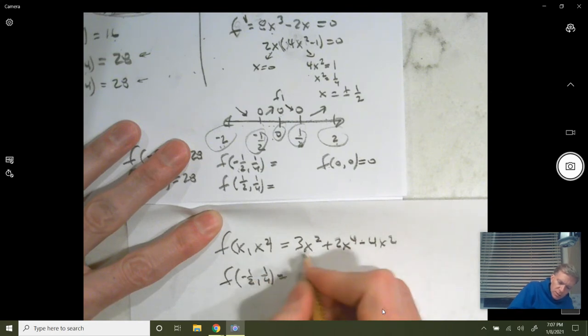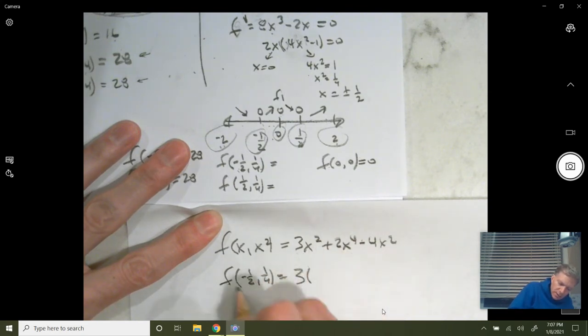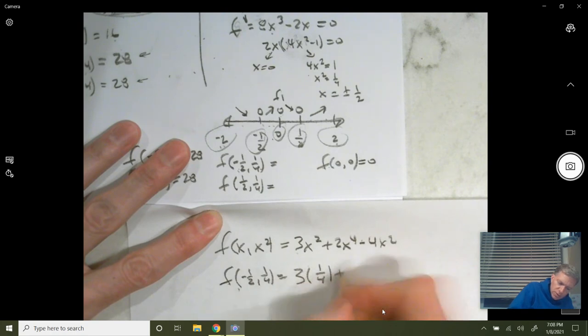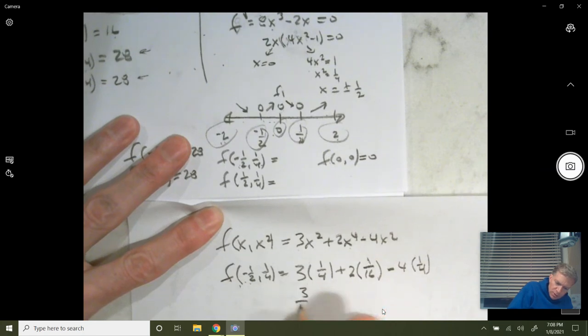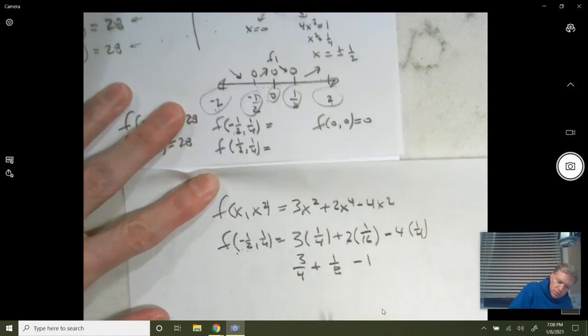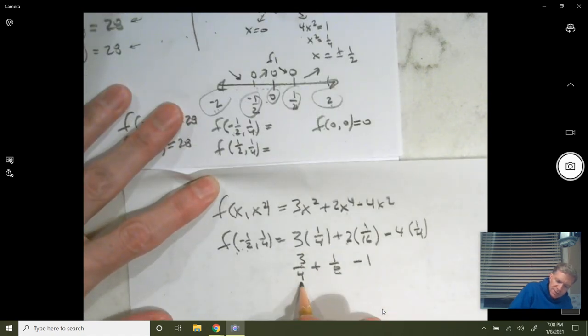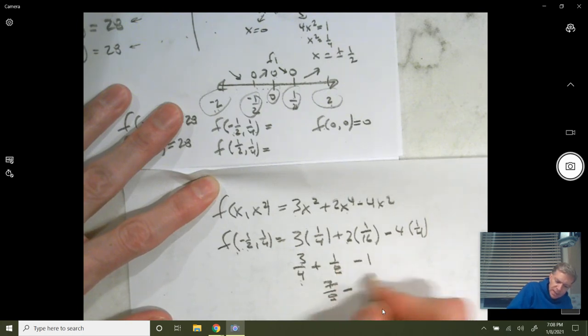You get 3 times -1/2 squared is 1/4, plus 2 times x to the fourth, so 2 times 1/16, minus 4 times 1/4. That's going to be 3/4 plus 1/8 minus 1. So 3/4 is 6/8 plus 1/8, that's 7/8 minus 8/8, which is -1/8.